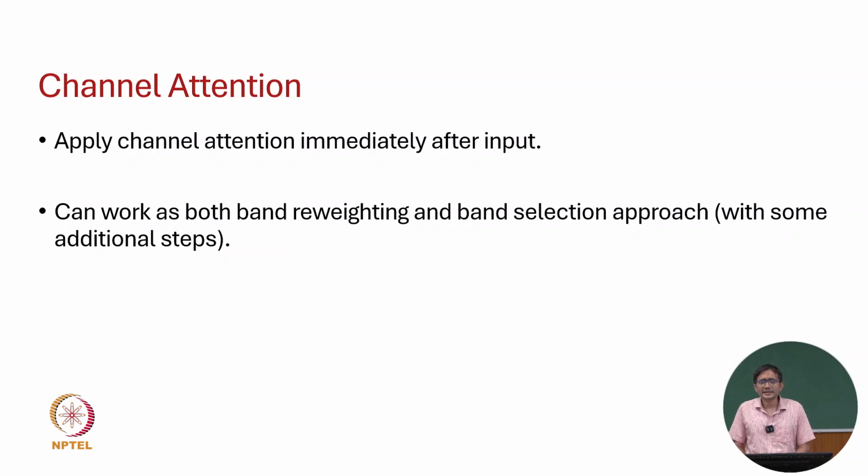On this subset of data, you learn the band reweighting, and then you can always check this particular reweighting vector, sort this weighting vector, and keep only those features or bands which have strong weightage, and later, when you get more data sets.